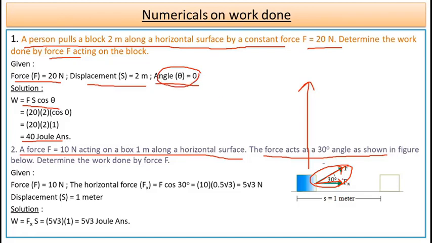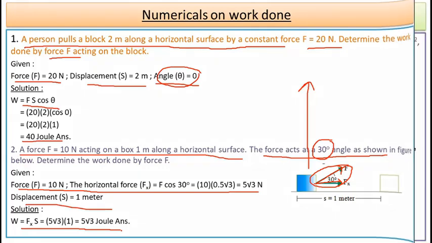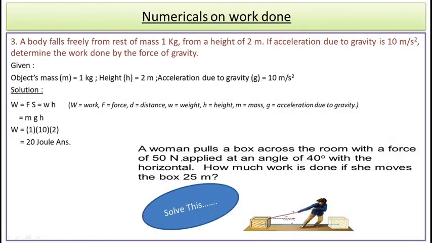But here the angle between them is 30 degree, so we will take cos theta as cos 30 degree, and when you place all the quantities, you will get your final answer as 5√3 joule.